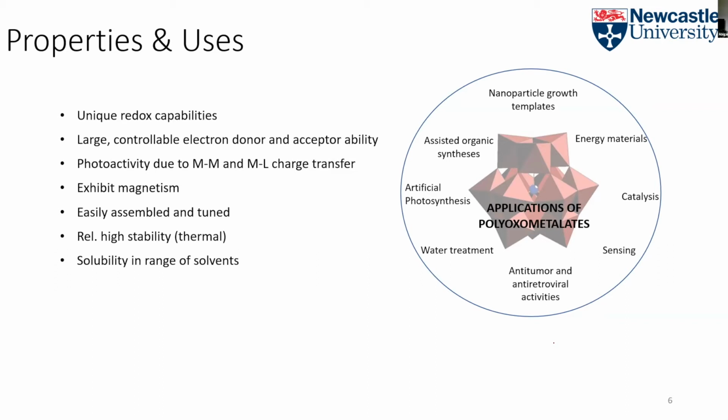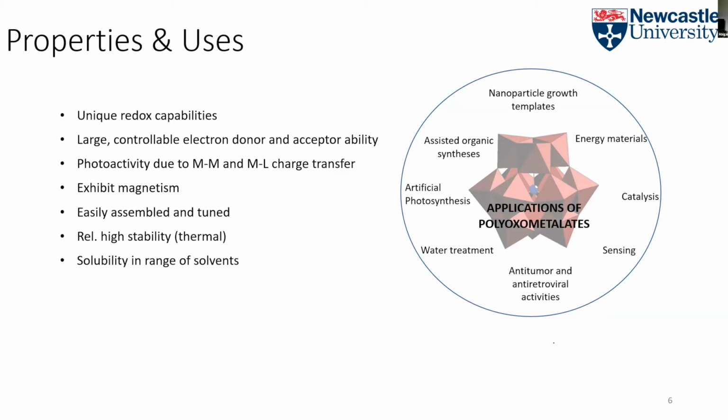And this is due to the unique redox capabilities. As I mentioned earlier, because the structures are so stable, you can pump them full of electrons and remove them again with no damage to the particle. So you can do loads of stuff with them.